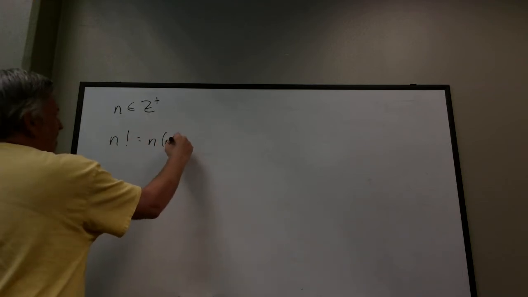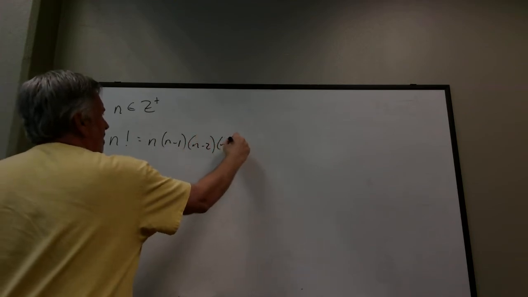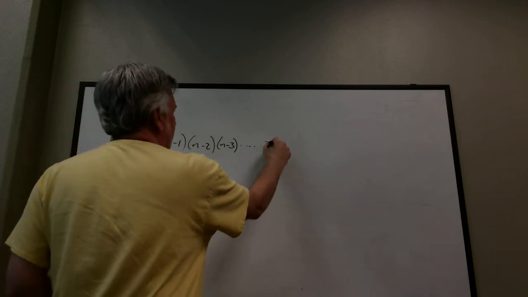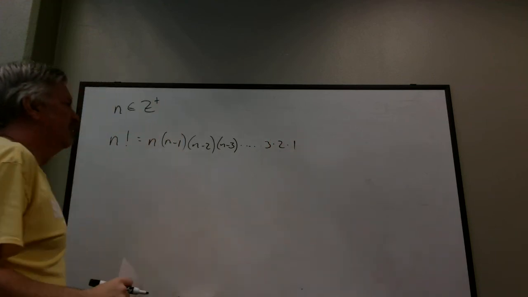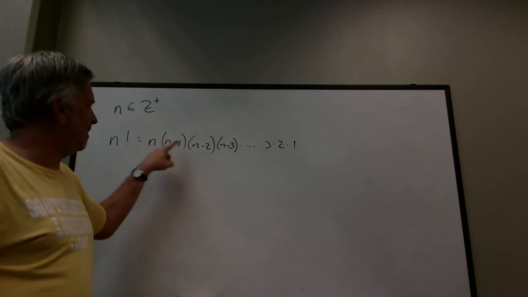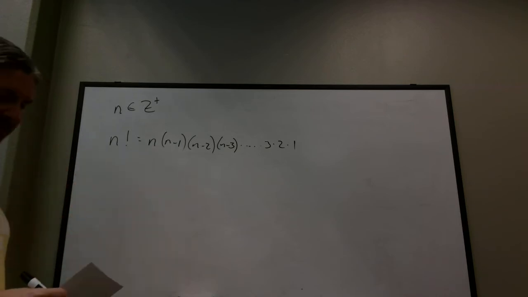It's a math definition. You start with n, then subtract one and multiply, subtract another one and multiply, and so on until you get down to 3, 2, 1. We call this n factorial.